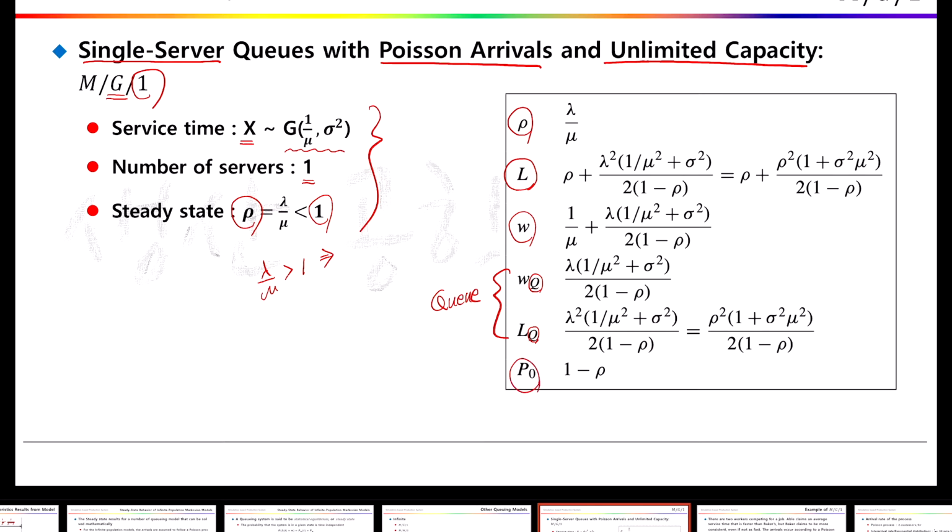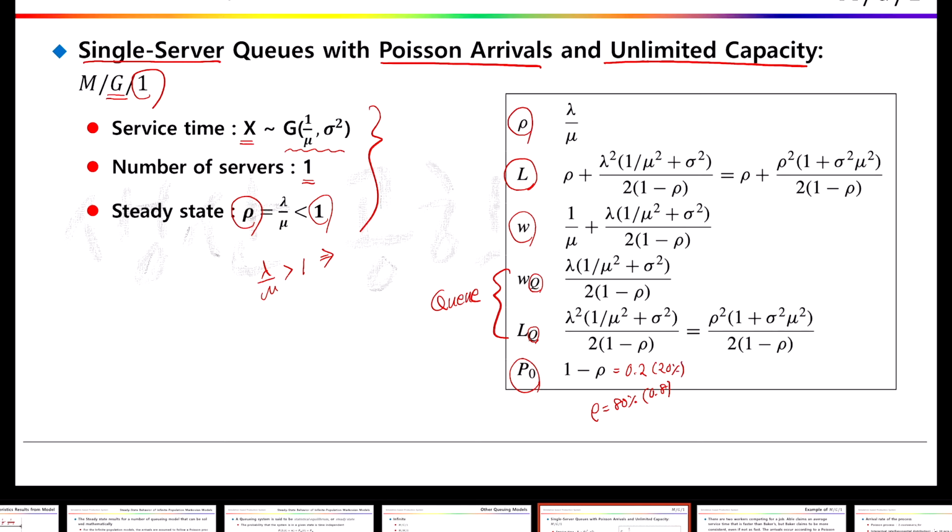And P0 means the probability of 0 entities in the model. If we assume that utilization is 80%, it means 0.8, then this P0 is going to be 0.2 or 20%.